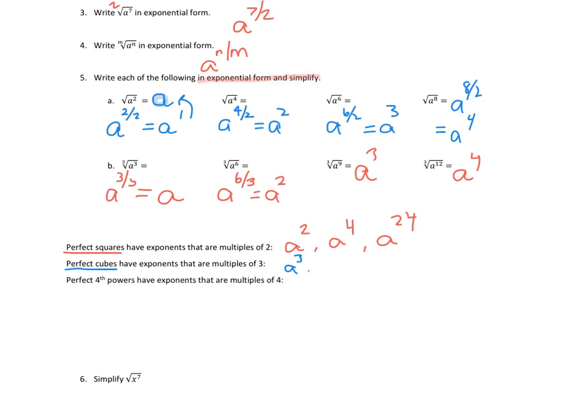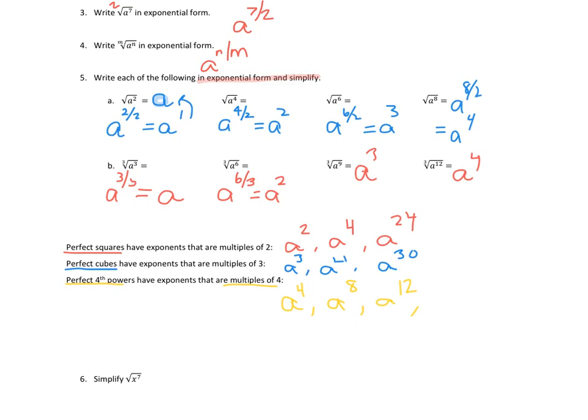So like a to the 3, a to the 6th, a to the 21st power, a to the 30th. And then finally, perfect fourths have exponents that are multiples of 4. Okay, so again, these are important because then we can take the perfect square or the perfect cube or the perfect 4th power, respectively.